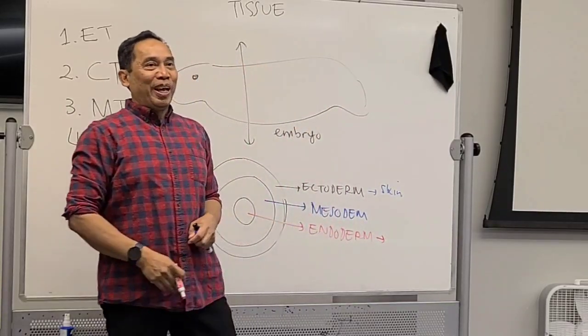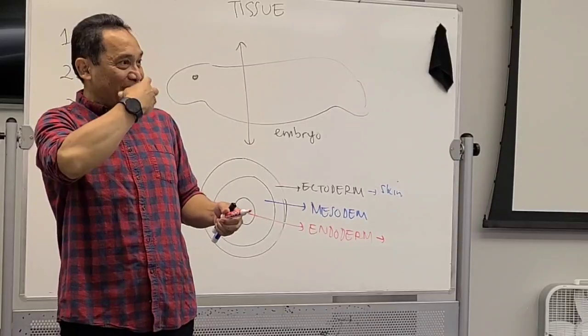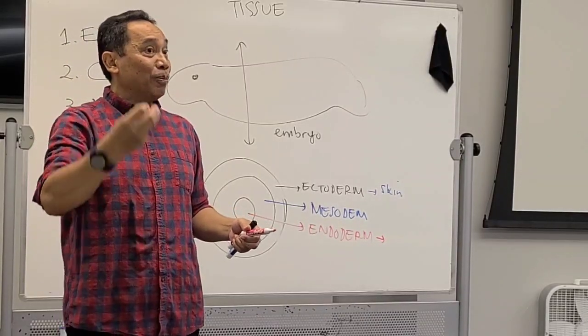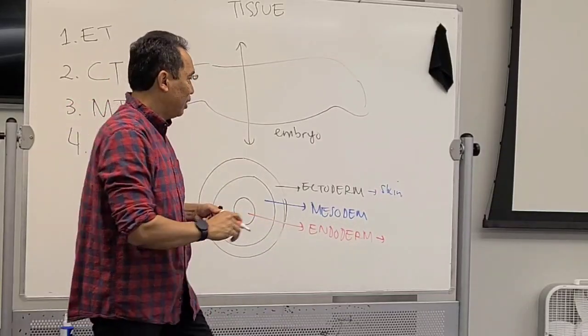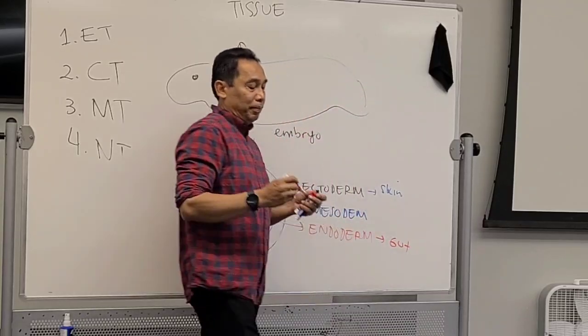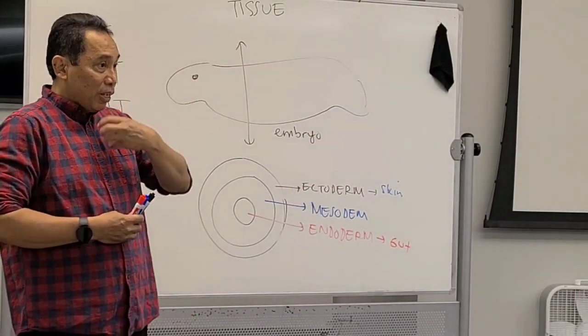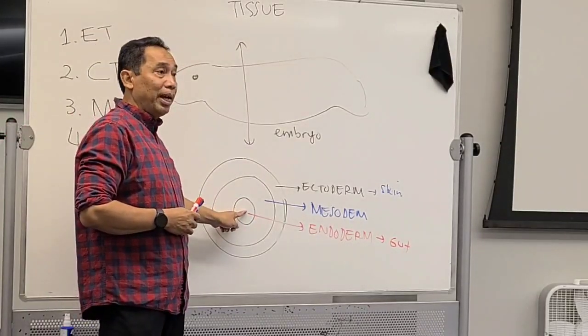Endoderm will make the tube in the middle, in the center of our body. What do you call that tube? GI tract, right? Digestive tract. So this will make the gut. Okay? So from the esophagus until the anus, it's actually made from endoderm.